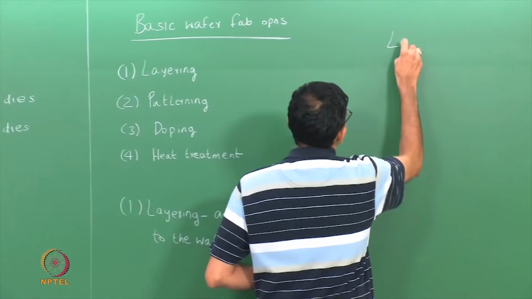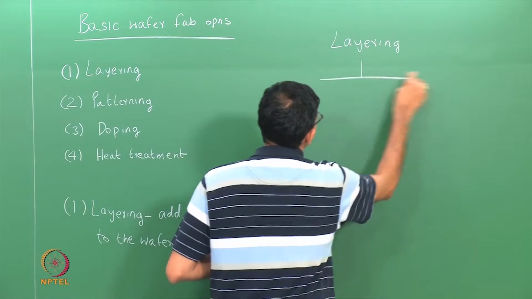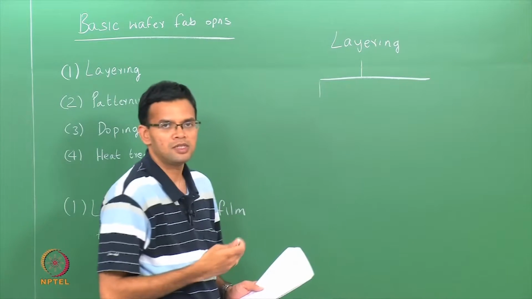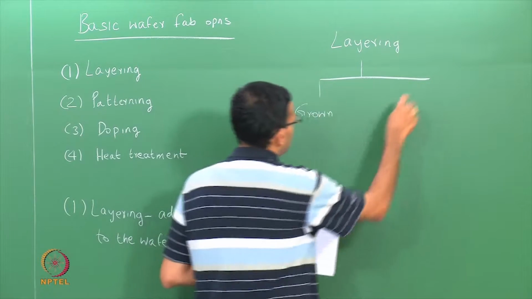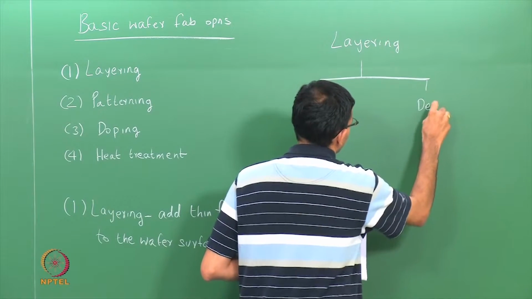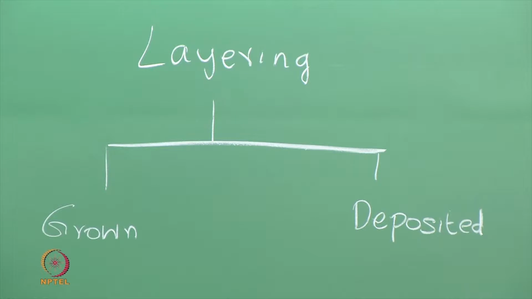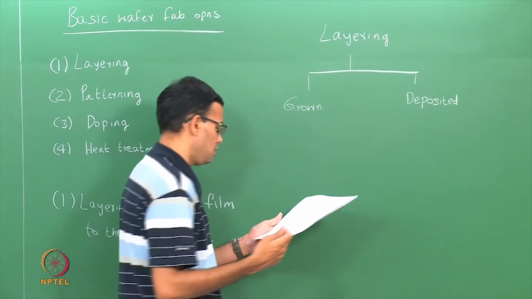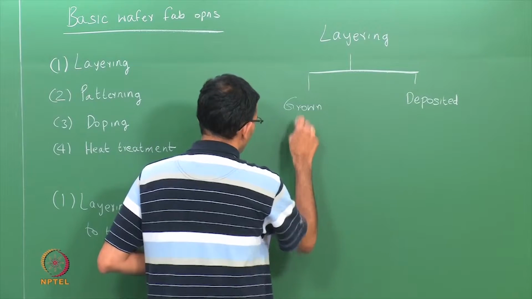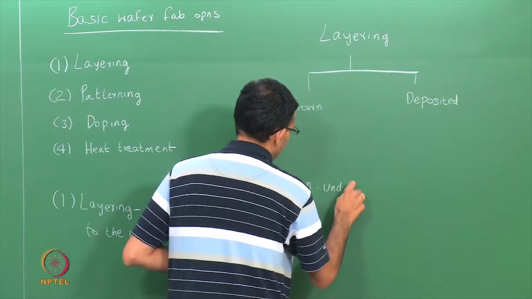If you look at layering, you can have films that are grown onto your wafer surface, or you can have films that are deposited. In the case of grown films, you are consuming the silicon that is already present in the wafer in order to grow your new layer. So here in the grown films, the underlying silicon is consumed.